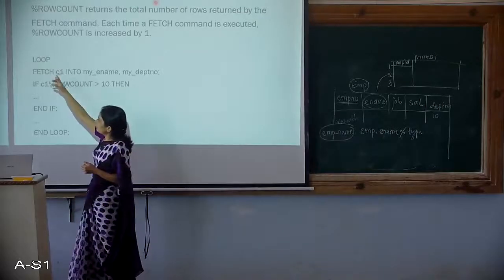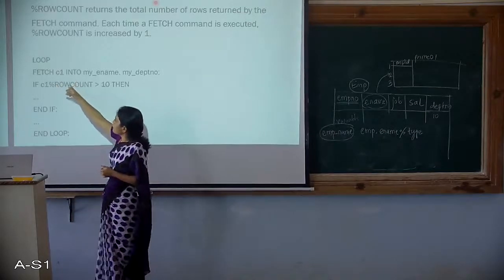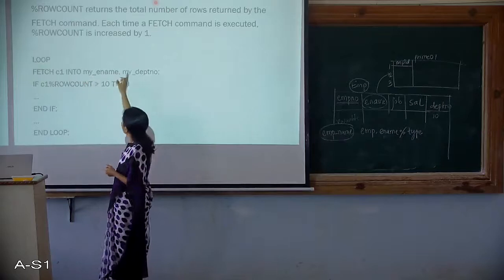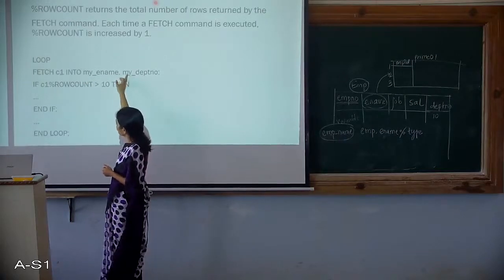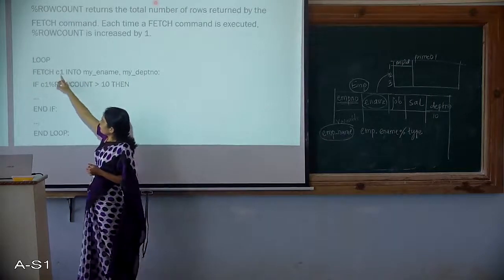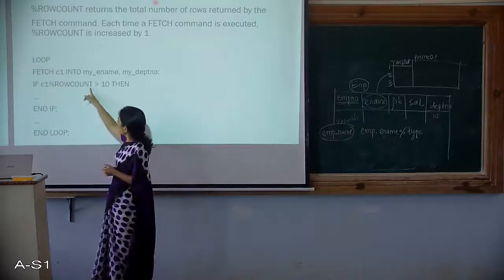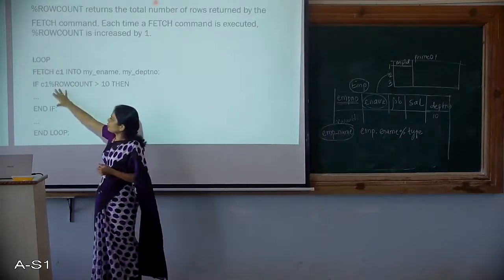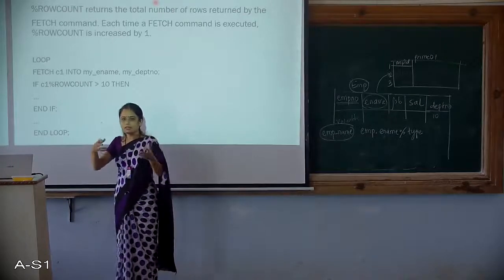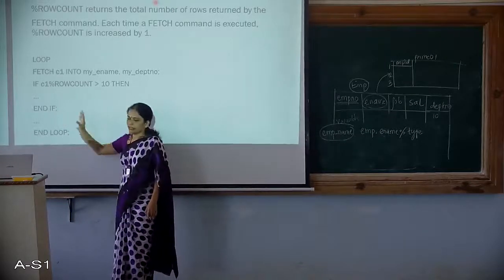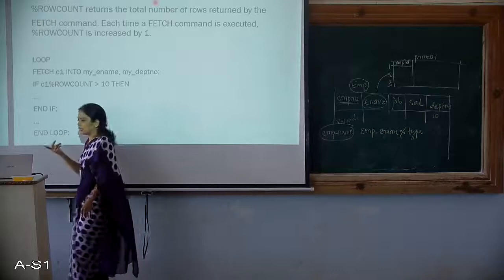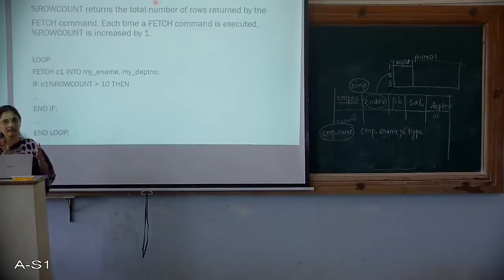So there is one example given here. There is a loop, fetch C1, where C1 is the cursor, into the different variables in which you want to fetch the data from C1. If C1 row count is greater than 10, then you want to do something, and when it is greater than 10, you want to do something, end it. There can be anything that you want to do.